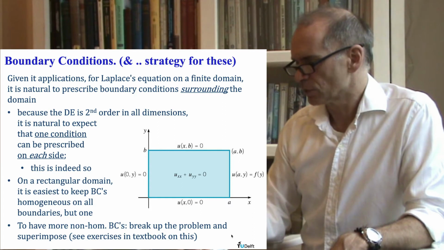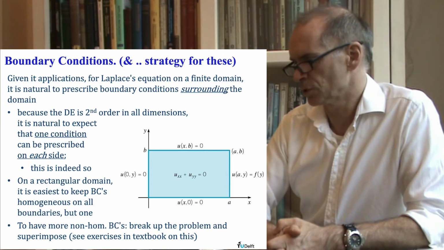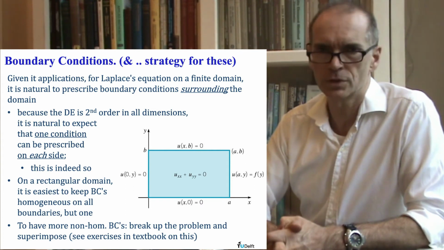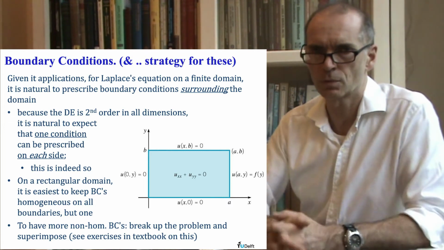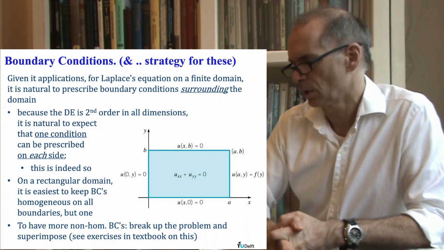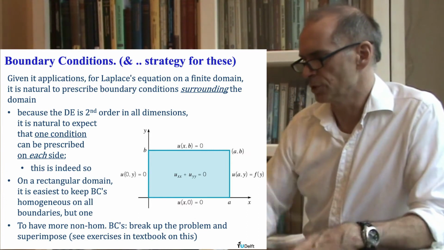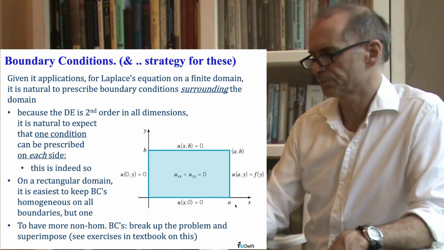But here's an advice of what to do if there would be more than one side non-homogeneous. Then the advice is to break up the problem into problems that are homogeneous on 3 sides except one, solve those, and then superimpose all those problems and their solutions to make a problem that is non-homogeneous on the multiple sides.